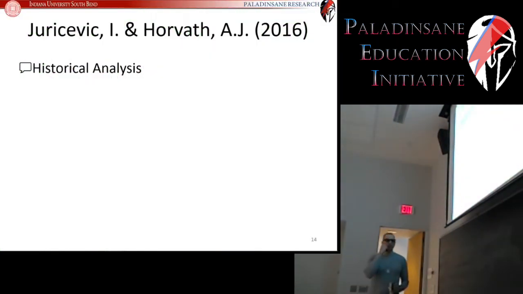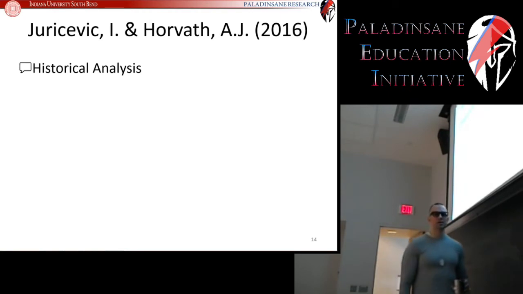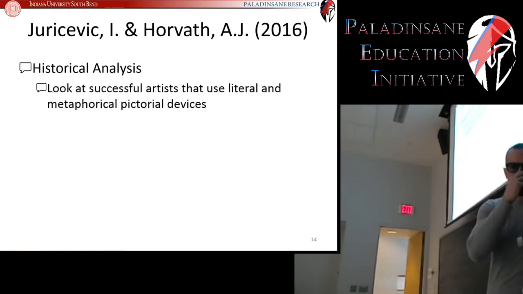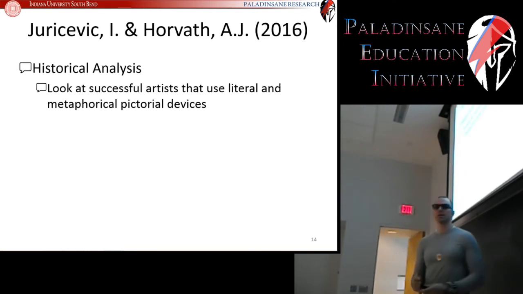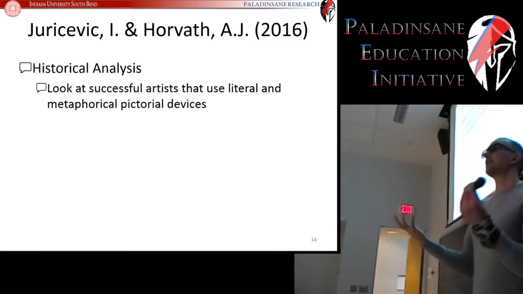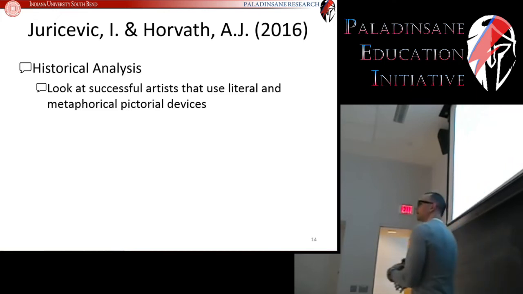So what we did in our study is we wanted to do a historical analysis. We wanted to take a look at existing artifacts and figure out what successful artists were doing to communicate with their audience.